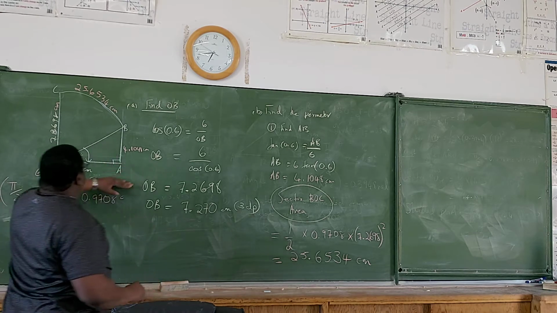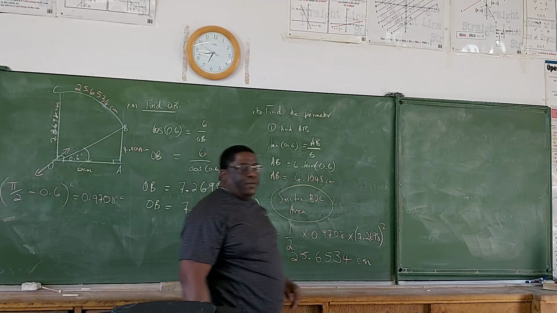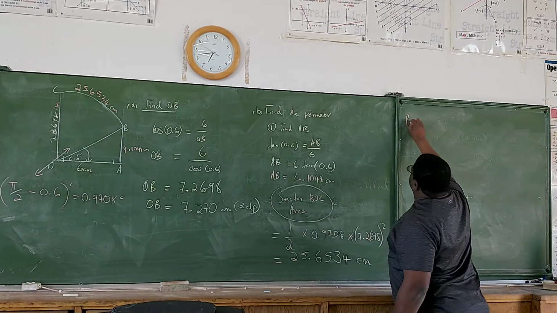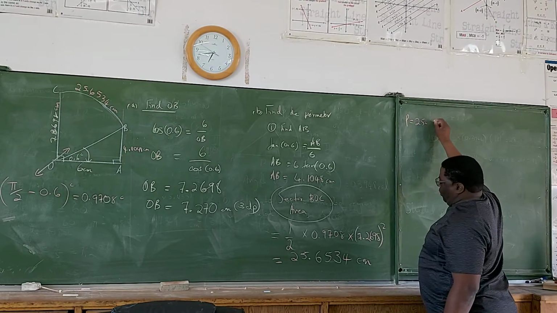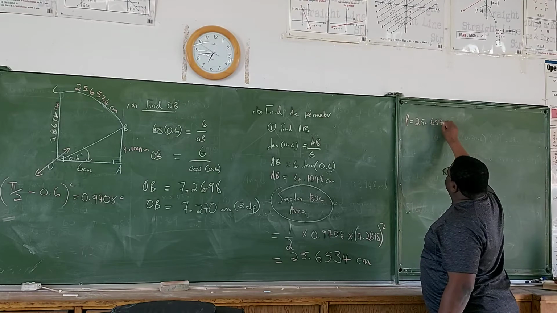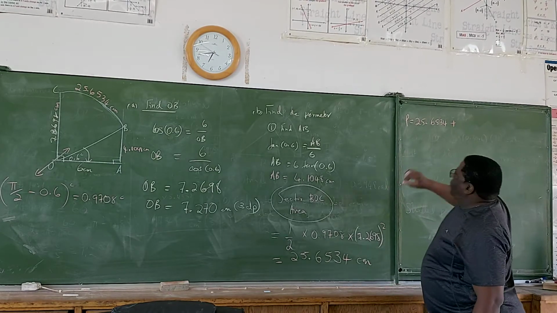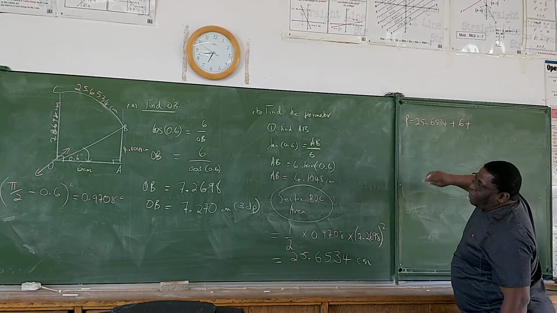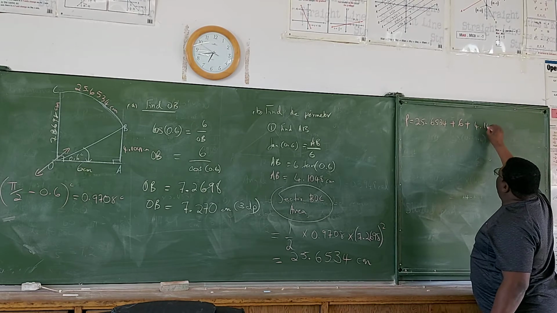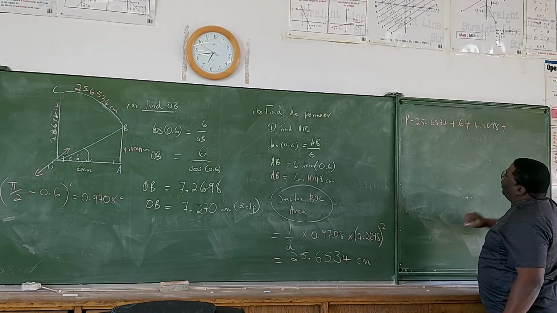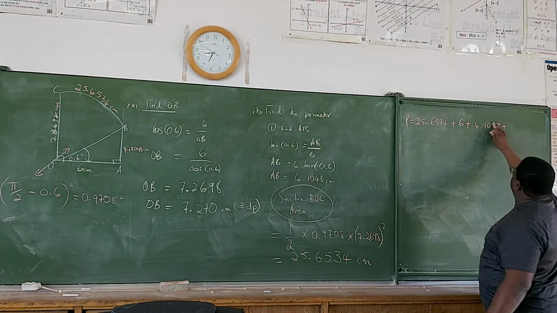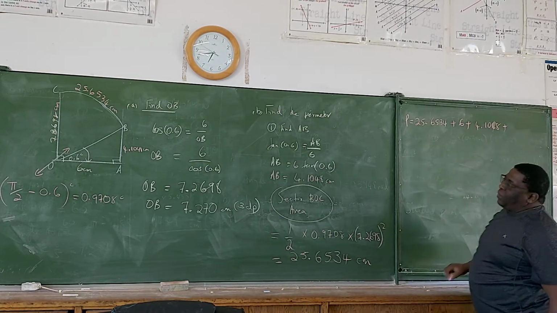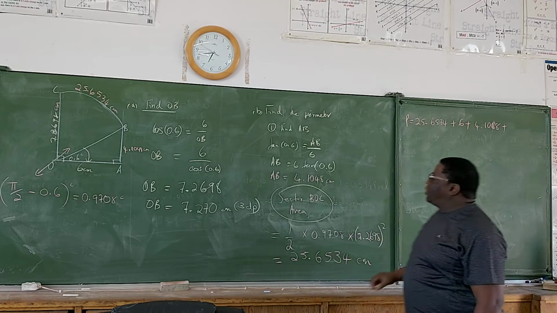Now we are going to add all of that because we're supposed to find the perimeter. So the perimeter equals to, now use your calculator, please, because I'm writing. 6 plus 4.1048 plus 7.2698 plus the arc length.